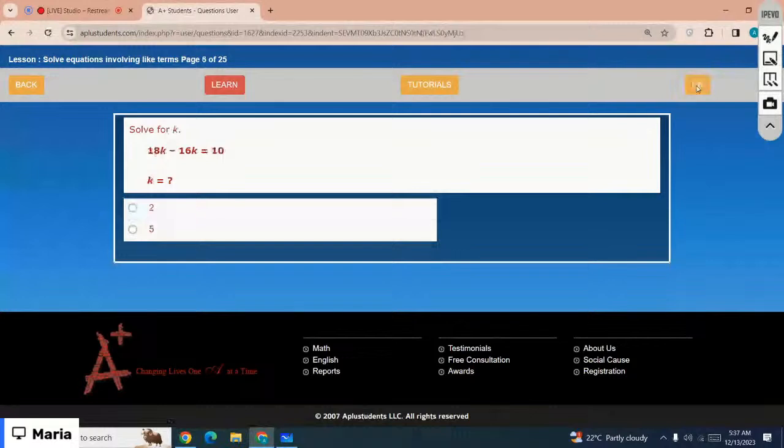Okay, the next one is 18k minus 16k equals 10. So k equals 5. The correct option is 5.